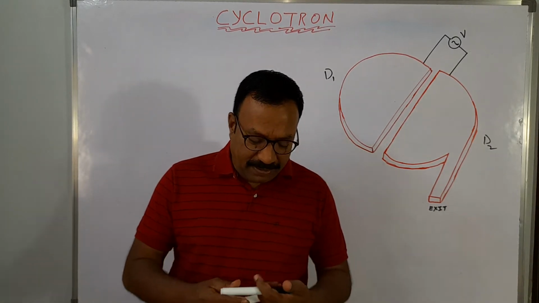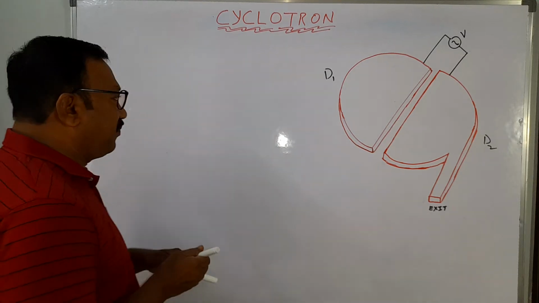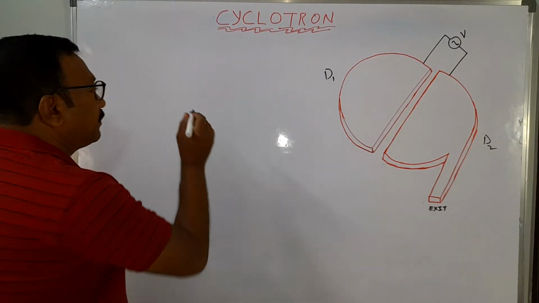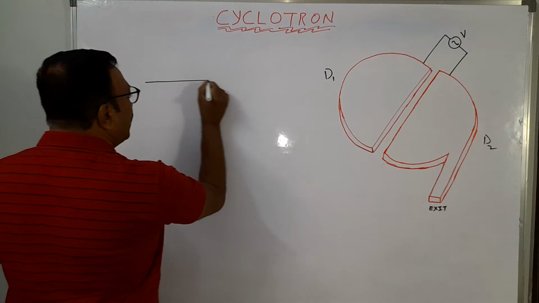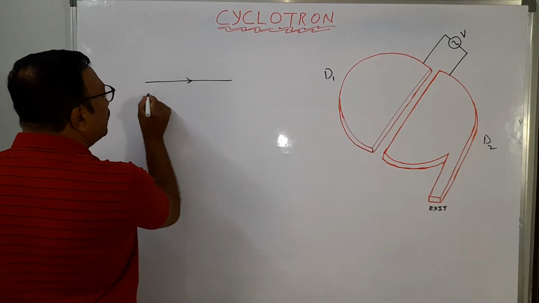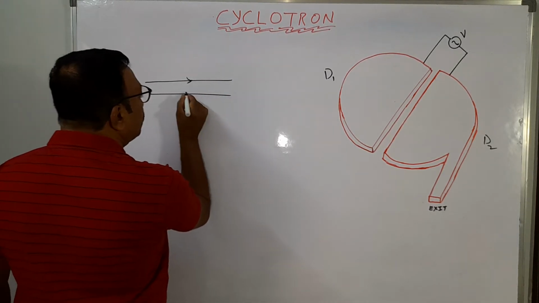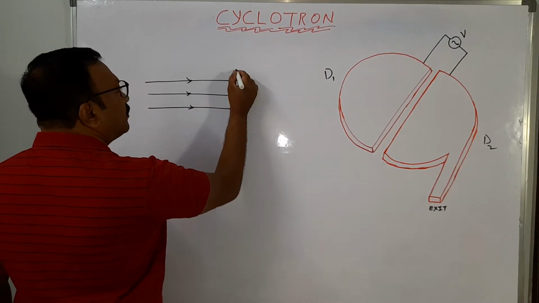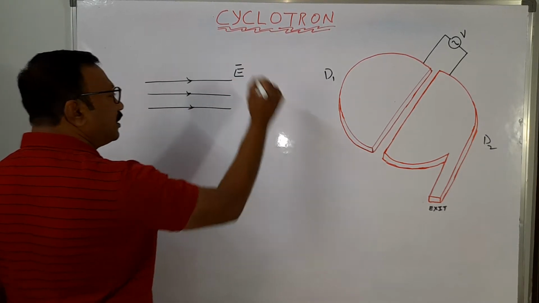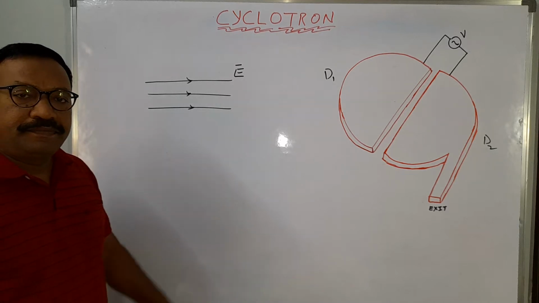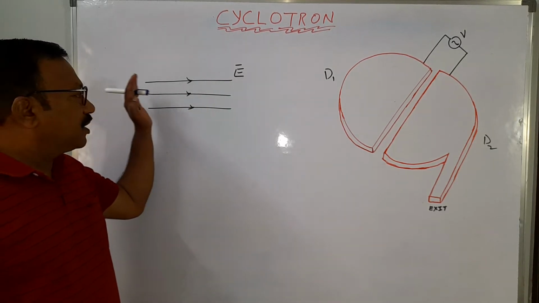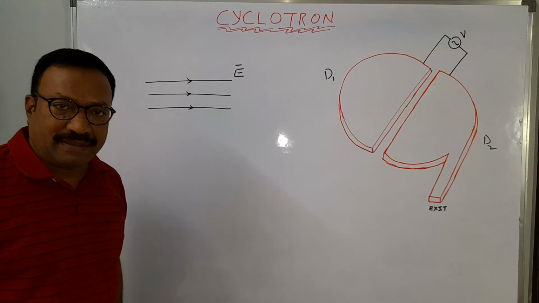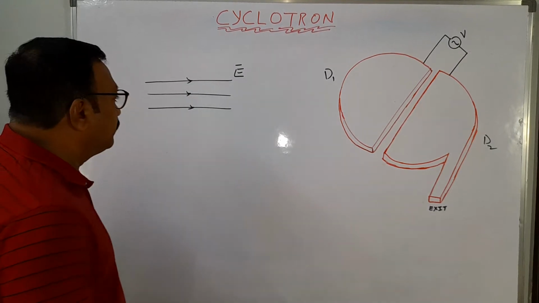Now, for example, I will take an electric field. Suppose I am having an electric field in this region. This is the strength of the electric field, E. This is a uniform electric field that is existing here.